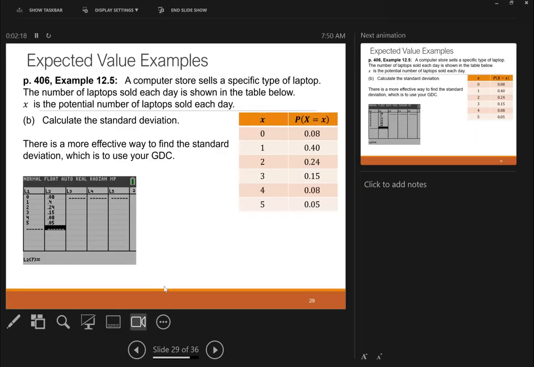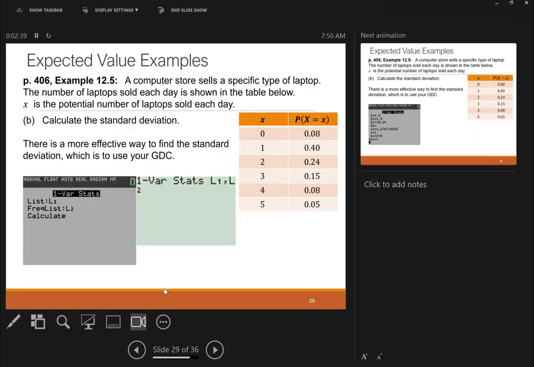So what you'd want to do is enter this probability distribution as 2 lists. List 1 would be your values for x, and list 2 would be the probabilities. And then if you do 1-variable stats, where you're using your list as L1 and your frequency list as L2, so the values for x are your L1 and the probabilities are your frequency.